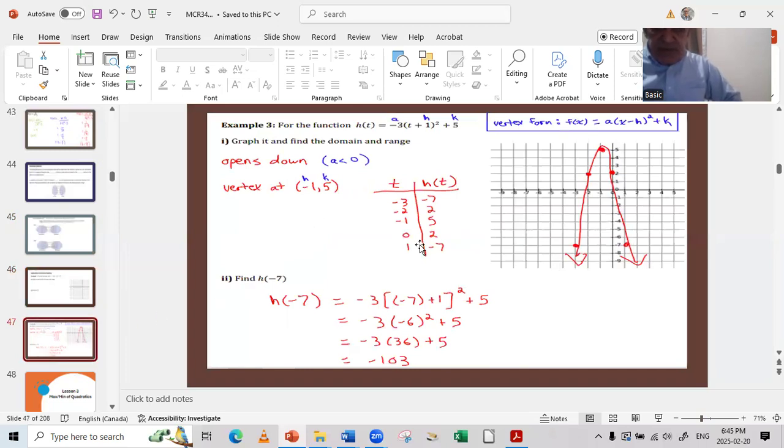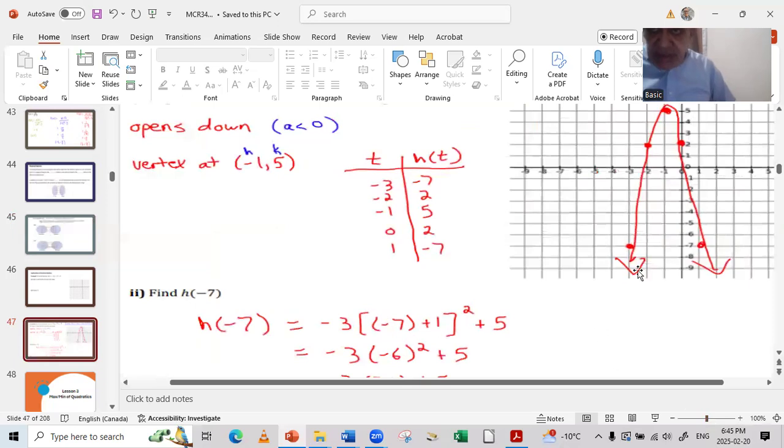Please look at the board here. We have here now, but this is not the vertex here. It's going down because the A is minus. I just want you to see this now, please, and pay attention to what I will say at this point.